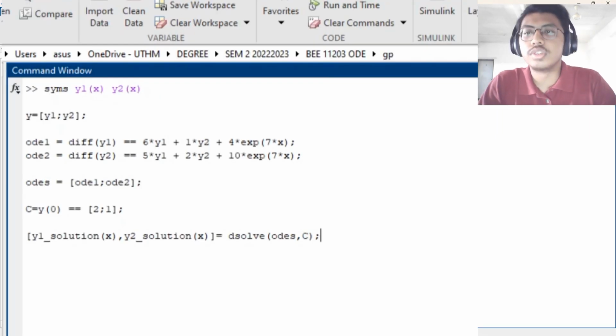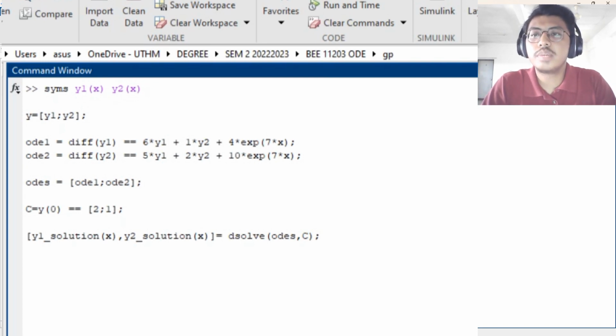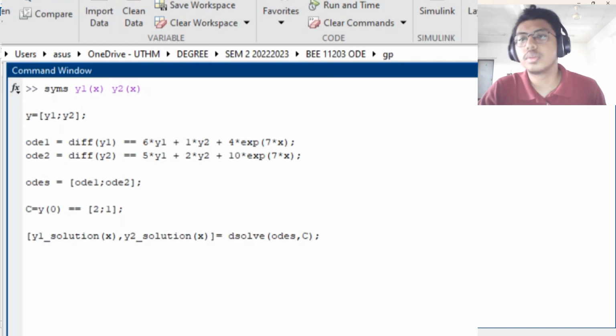Okay, now let's move on to question 3b. As always, since y1x and y2x must be included there, we need to declare a matrix function of y, which is y equals y1 semicolon y2, and then declare ODE1 and ODE2.